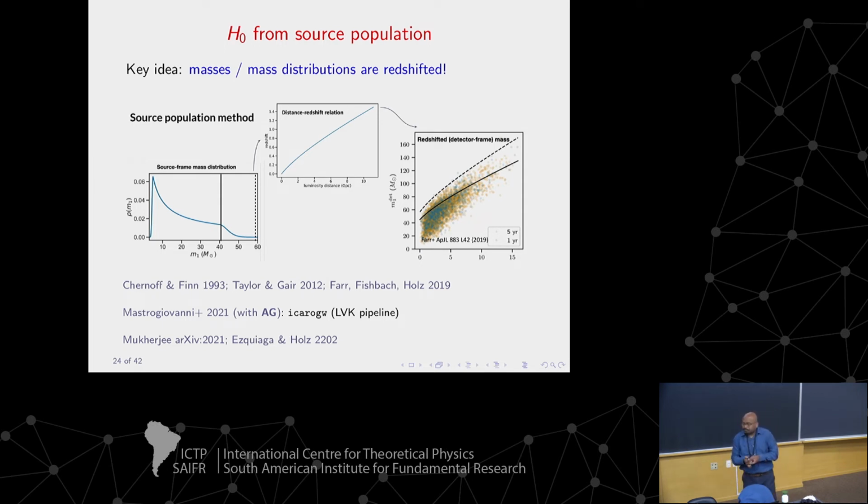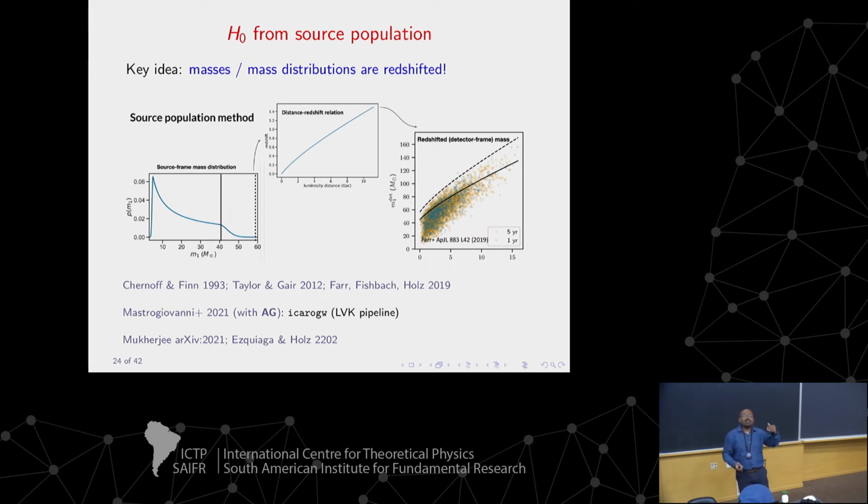And if in the observed distribution one observes a mass cut in a different range of masses, then that would tell us the redshift distribution of these sources that one is observing.